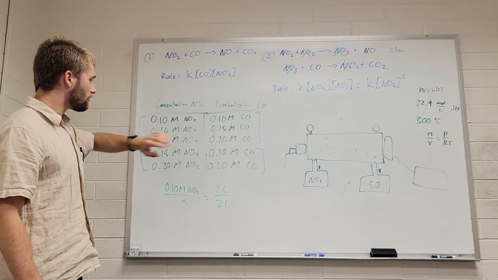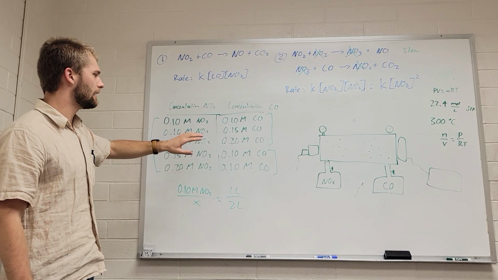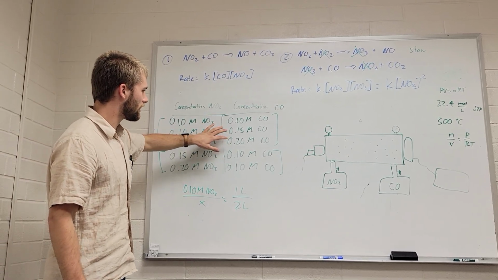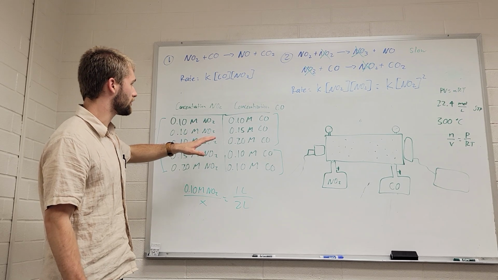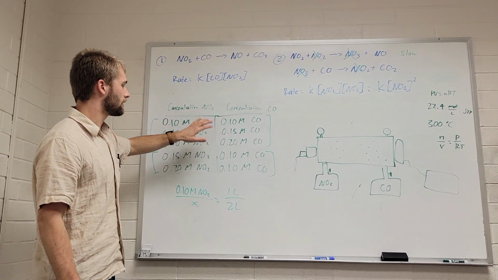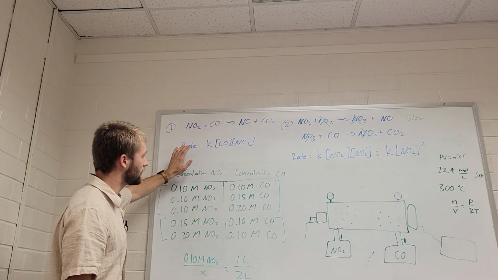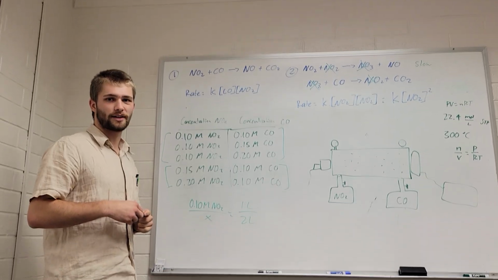Okay, I'll restate it. If changing the concentration of carbon monoxide does not change the rate, then we can assume that this is the mechanism of action. If changing the concentration of carbon monoxide does increase the rate, then we can assume that this is the reaction mechanism.